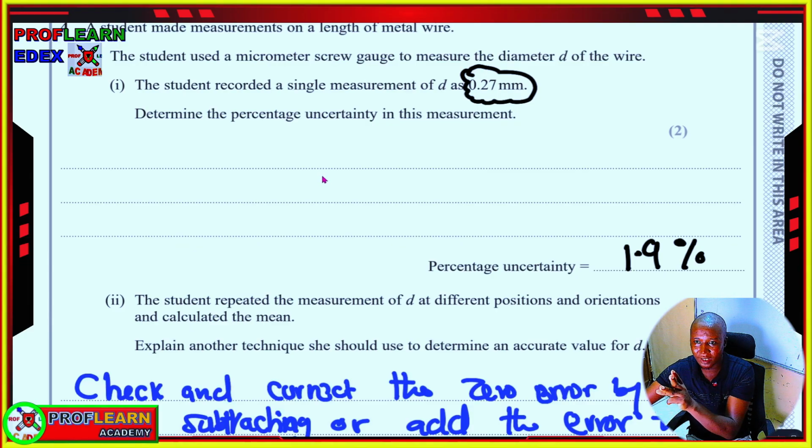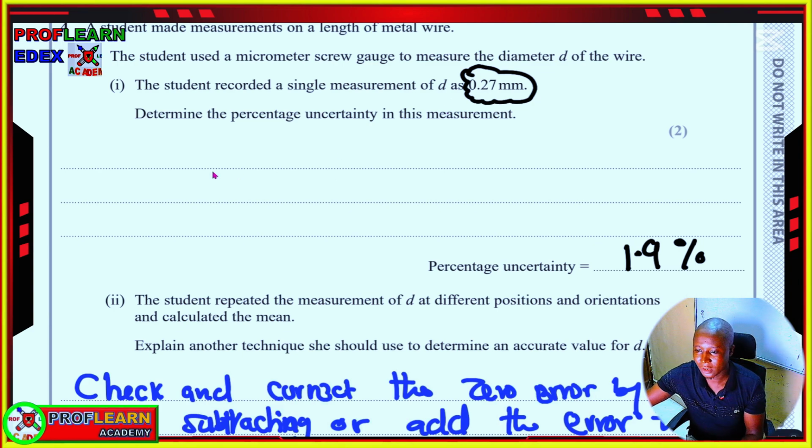You are supposed to work out percentage uncertainty, and another question will be there in this paper. In any physics unit 3 paper, you will have 2 scenarios where you are finding percentage uncertainty, and we have talked about the other one.